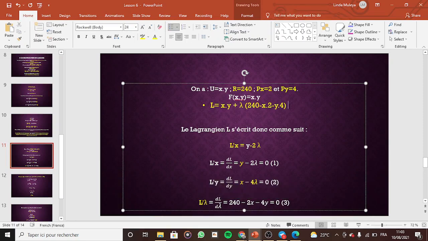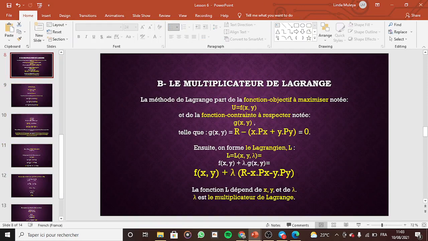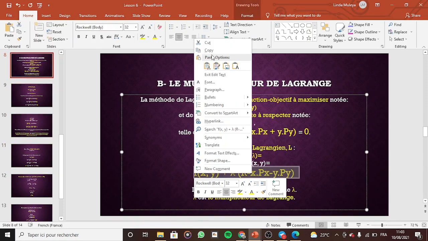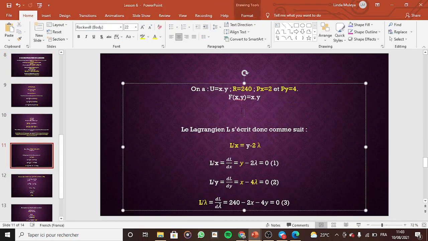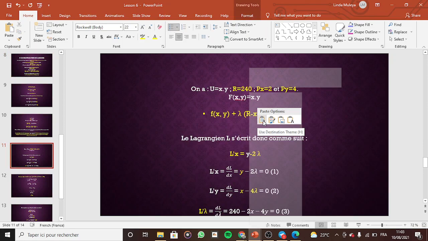So what we'll do is we'll remove this for now and bring back our major equation, which is this here. Copy that and paste that here.